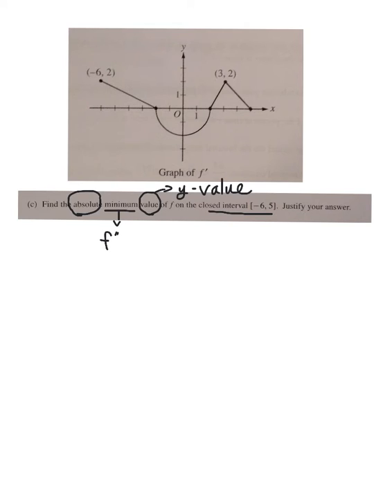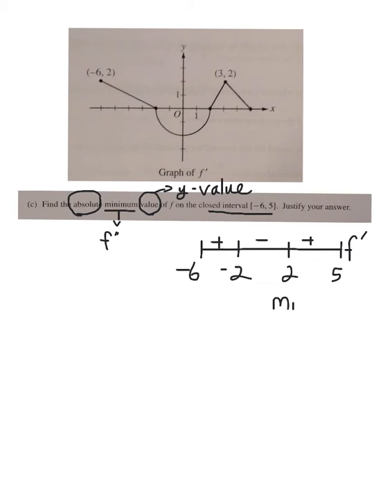All right, well, we could take some of our work from part B, and let's look at the sign chart that we had. So we had -2 to 2, we were positive, negative, positive, we had endpoints at 5 and -6. Okay, so a minimum, remember, if we have a minimum in a function, the derivative changes from negative to positive. So we would be looking for a minimum here at x equals 2.